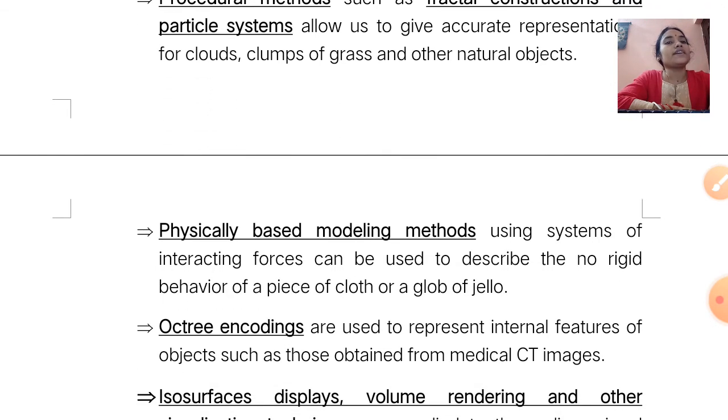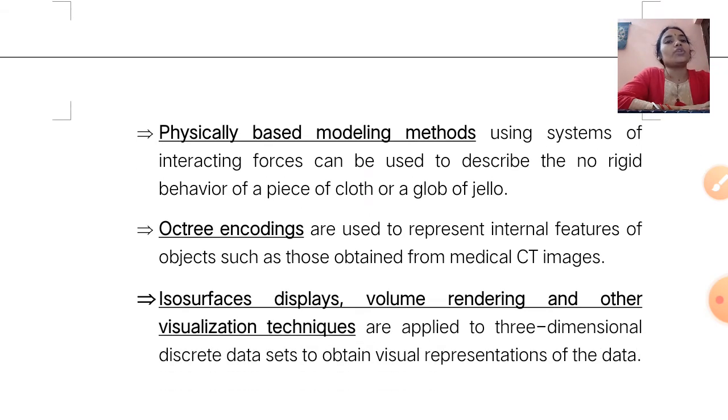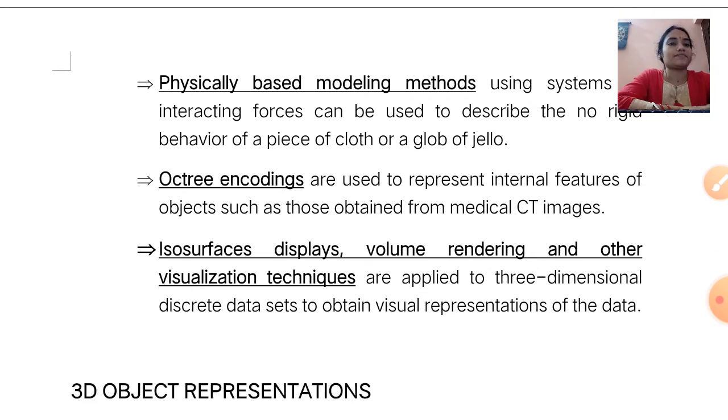Next is the physically based modeling method. A system of interacting forces can be used to describe the non-rigid behavior of a piece of cloth or a globe of jello. Next is octree encodings. Octree encodings are used to represent internal features of objects such as those obtained from medical CT images.